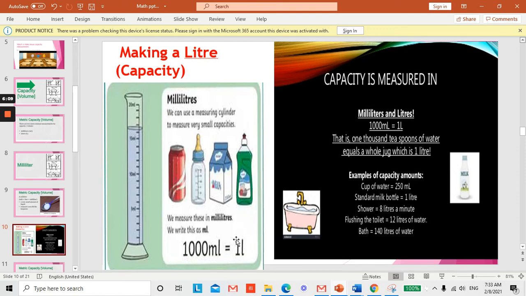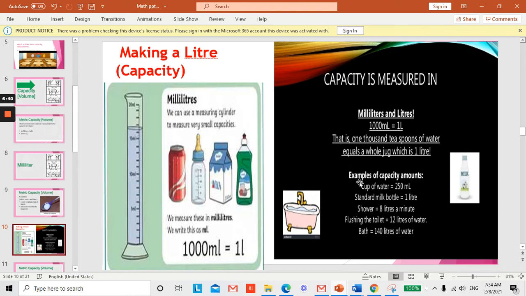And as I said before, 1,000 milliliters is equal to 1 liter. 1,000 teaspoons of water equal a whole jug, which is 1 liter.